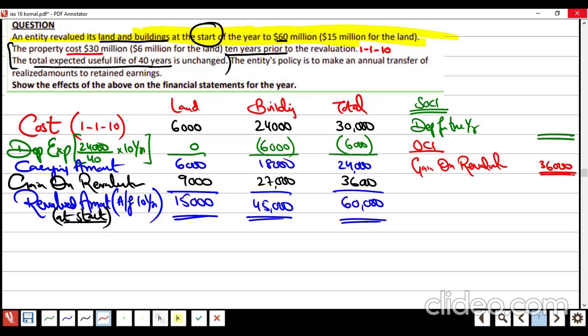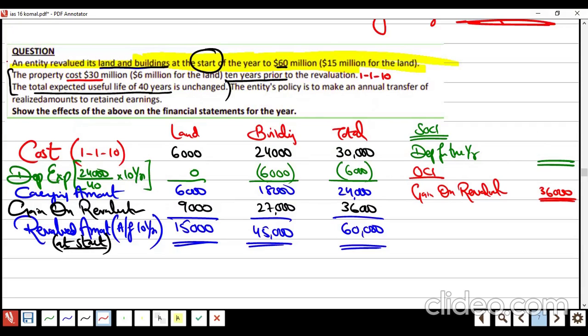This 6,000 is the depreciation of 10 previous years, right? Here the revaluation is at the start of the year, right? So what needs to be done? What are we supposed to do?